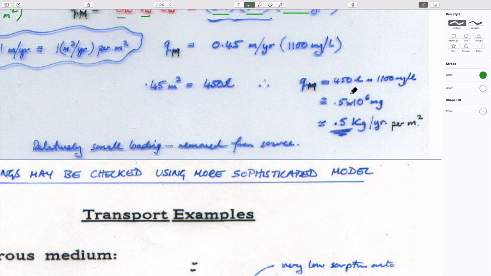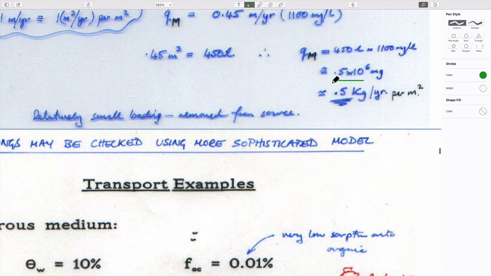And if we multiply 450 liters times 1100 milligrams per liter, we get a half times 10 to the 6 milligrams, and this is equal to, per meter squared, 10 to the 6 milligrams is 10 to the 3 grams, which is 1 kilogram.